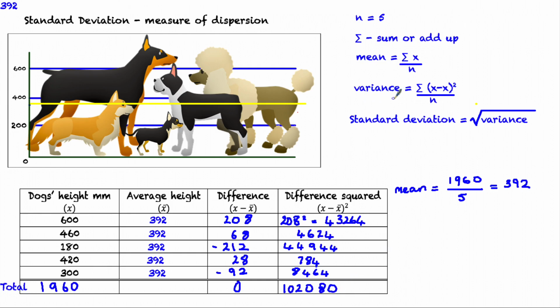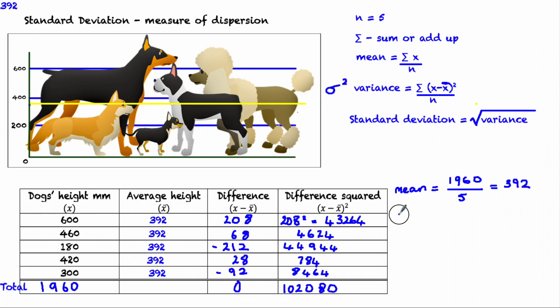Now I'm going to take a look here at variance. Now variance is the sum of those differences, I need a bar there to represent my mean, the sum of the differences squared divided by our n. So here I'm going to represent variance. Now, rather than rewrite that word, I'll show you that the symbol for variance is a lowercase sigma squared.